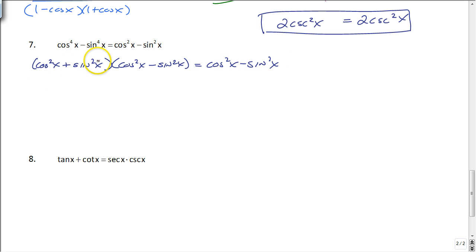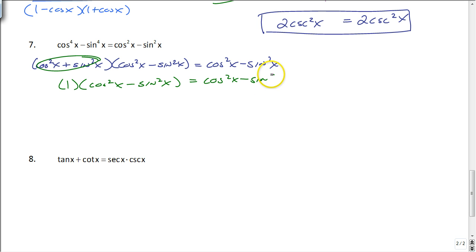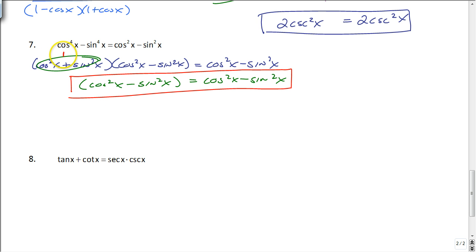And hooray, look at this, Pythagorean identity. 1 times cosine squared x minus sine squared x is equal to cosine squared x minus sine squared x, and yes, you're done. This is just a multiplier of 1. Make sure you point it out to me that you know that's 1 by putting like a little 1 above that, and you're done. That's just like a 2-step problem.